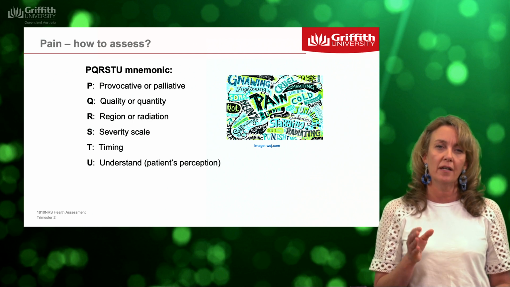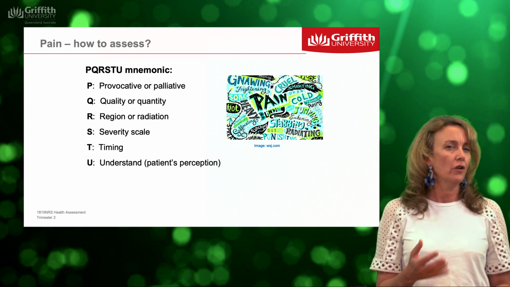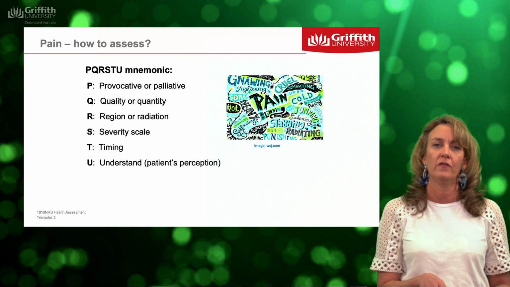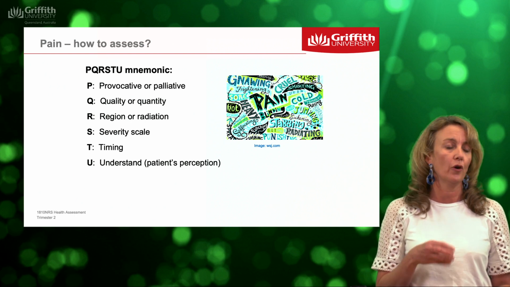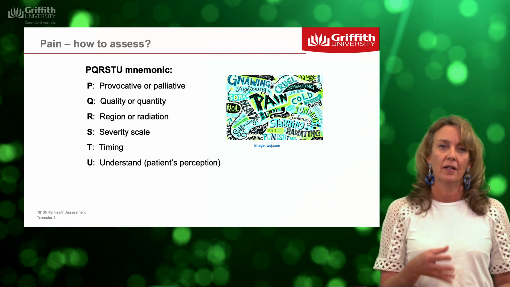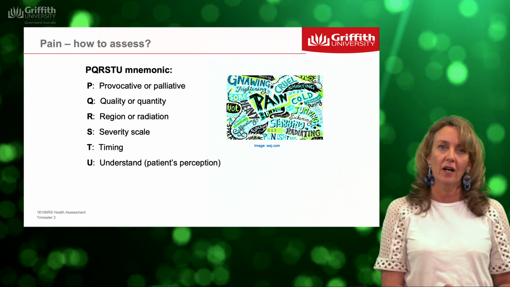If a patient has an understanding that the pain is life-threatening, don't negate that. Don't say everything's going to be okay, because you just don't know if it is. It's much better to say you're in the right place, I'm helping you, we're doing everything we can, and gathering more data there. So that's the PQRST-U mnemonic, and hopefully that's helpful.